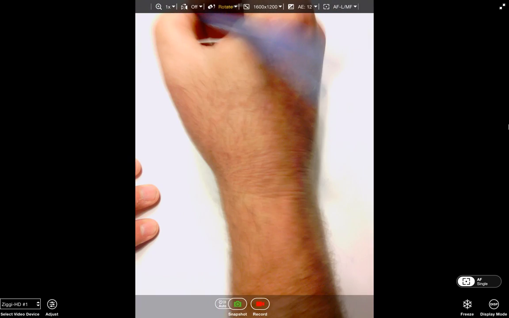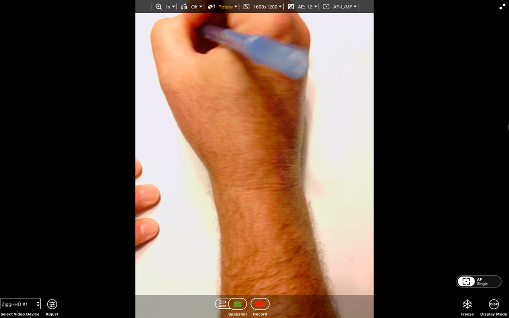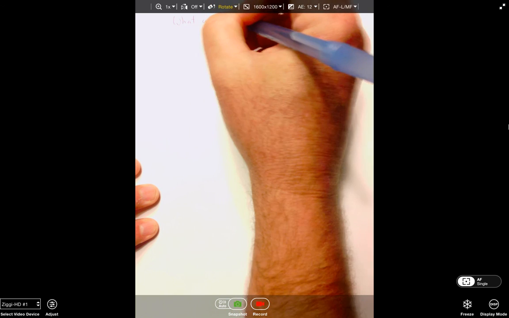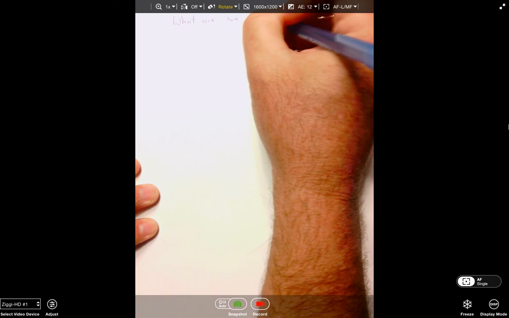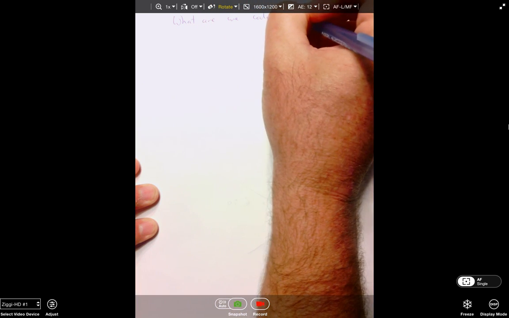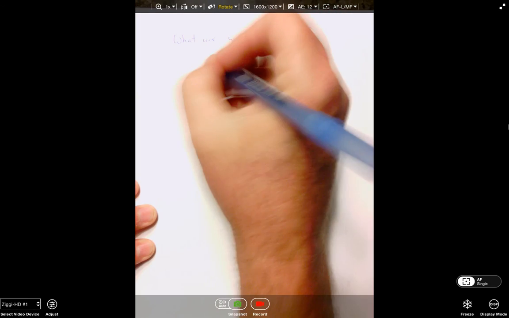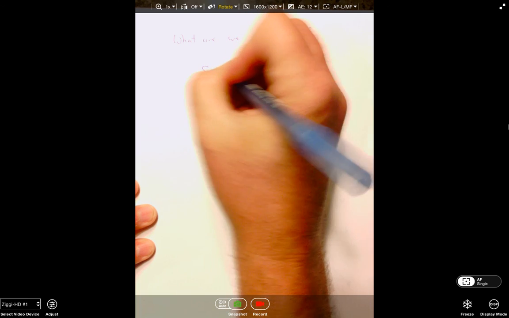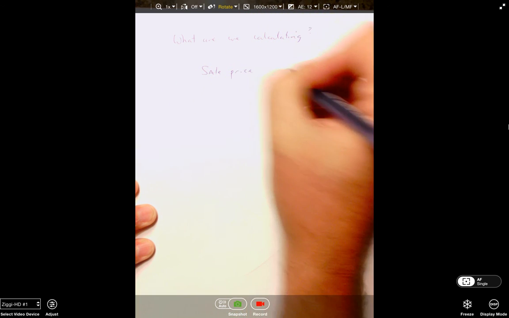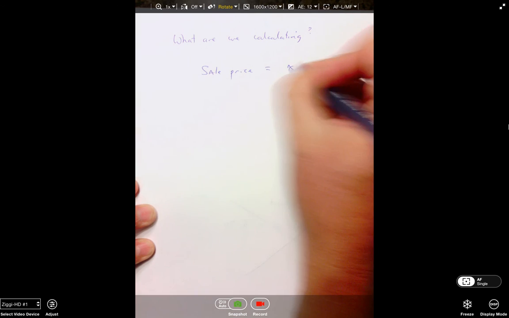All right, so what are we going to do here? Well, we're going to think about this systematically. What are we looking for? So what are we calculating here? Sale price.